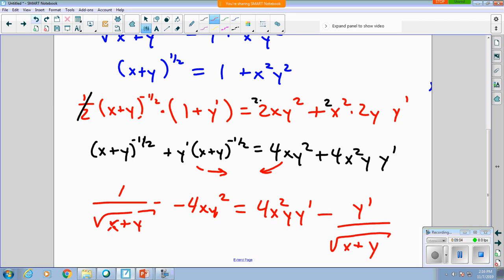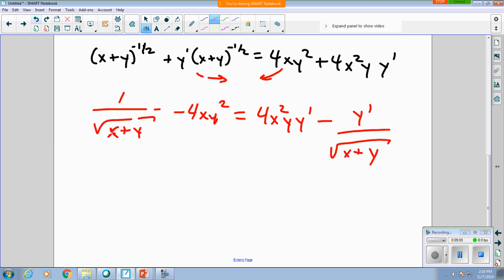And there we are. And now the problem here is that when you divide, you're going to have fraction over fraction. So this is kind of ugly. Because we factor out the y prime.